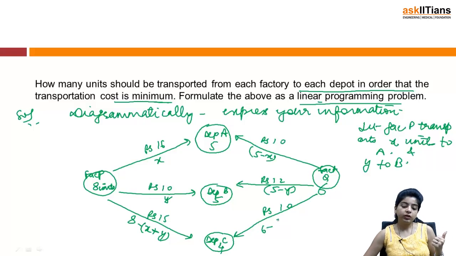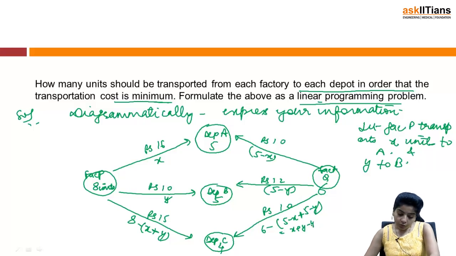Therefore, we add 5 minus X and 5 minus Y and subtract this quantity from 6, and that much would be delivered from factory Q to depot C. So this becomes 6 minus 10 is minus 4, and then we have X plus Y. So this just becomes X plus Y minus 4.